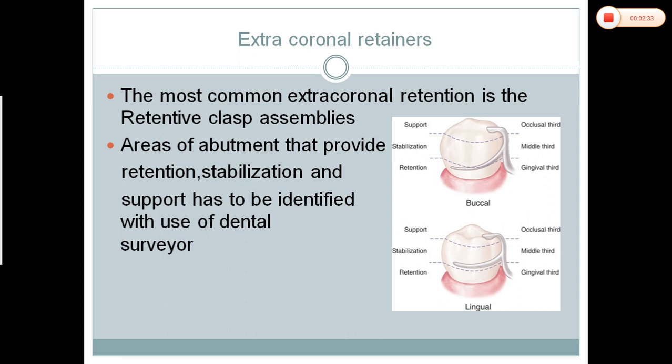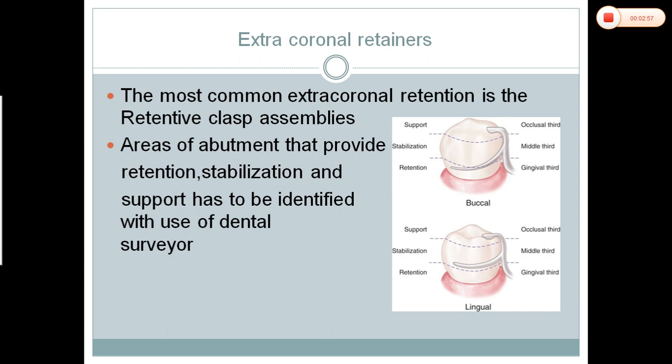This clasp assembly is positioned on the outside of the abutment teeth. Depending on the area where these components are placed, they provide retention, stabilization, and support, depending on the area of the tooth contacted.